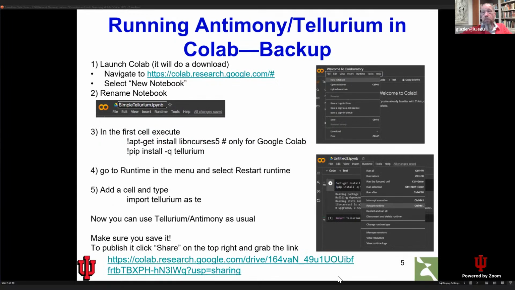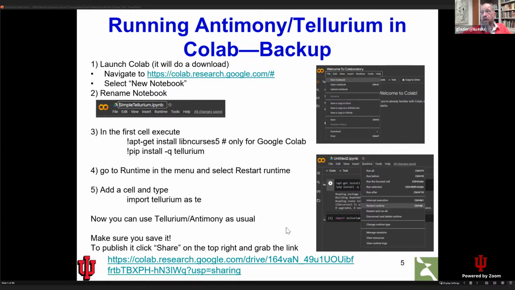But if it has a problem, then you're going to need to do two additional things. You'll have to do !apt-get install libncurses5, and then an exclamation point before the pip install.